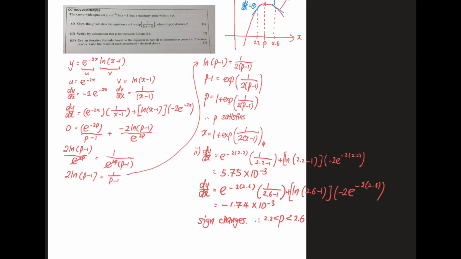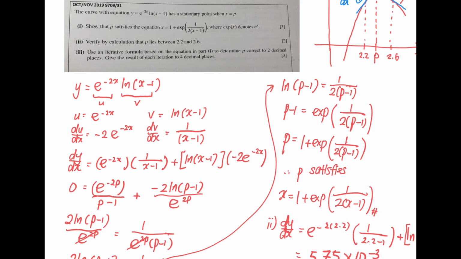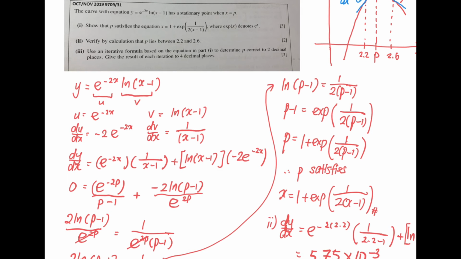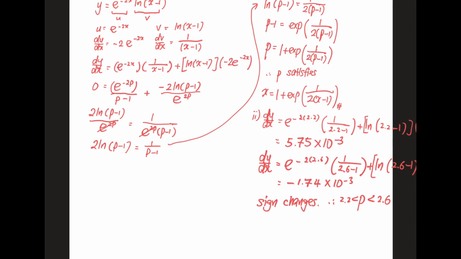Part 3, they said use an iterative formula based on the equation in part 1 to determine P correct to 2 decimal places. Give the results of each iteration to 4 decimal places. So I do part 3 here.